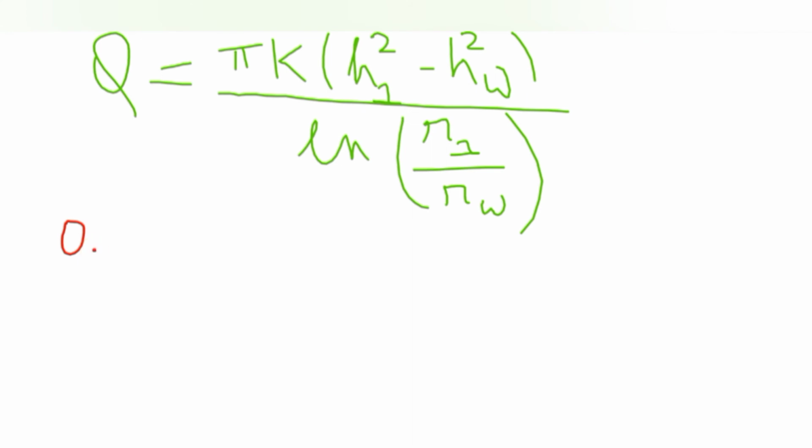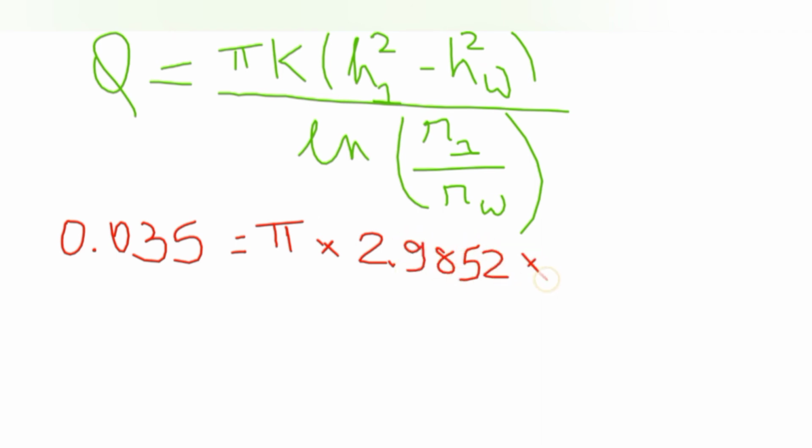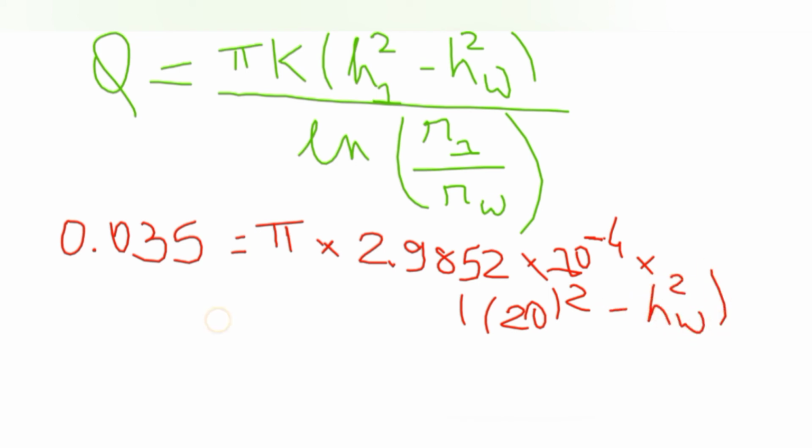Q is equal to 0.035 equals pi into K, K is 2.9852 into 10 raised to minus 4, into H1 square, that is 20 square, minus HW square, whole divided by ln R1 upon RW.